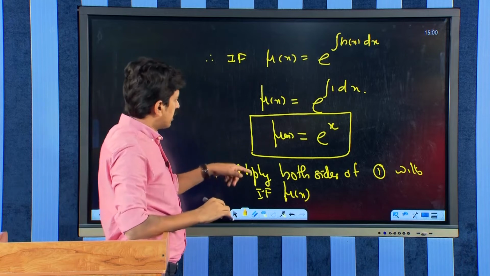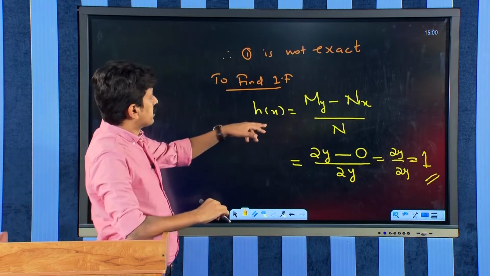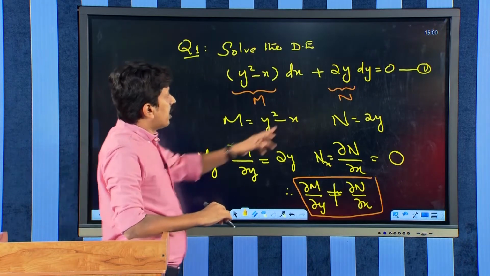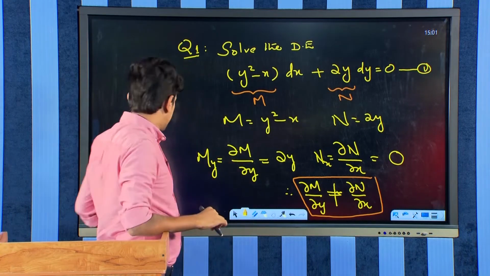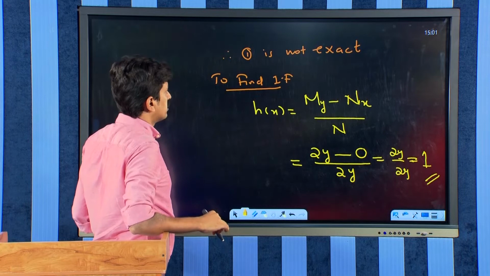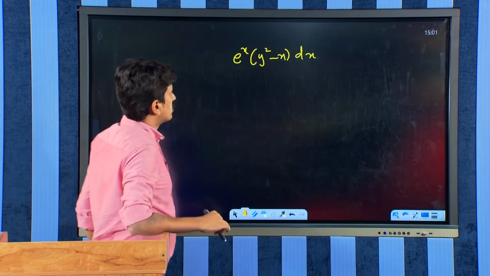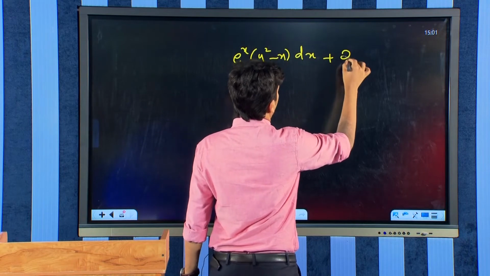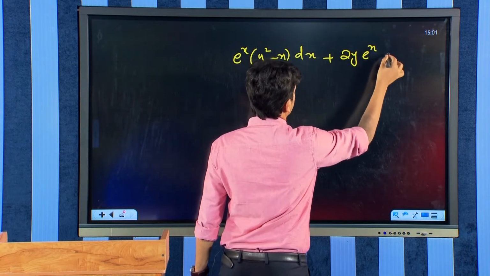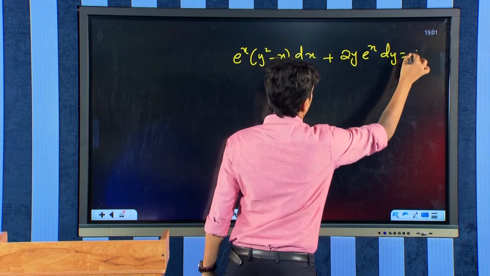Then the second term, 2y dy, becomes plus 2y e raised to x dy is equal to 0.